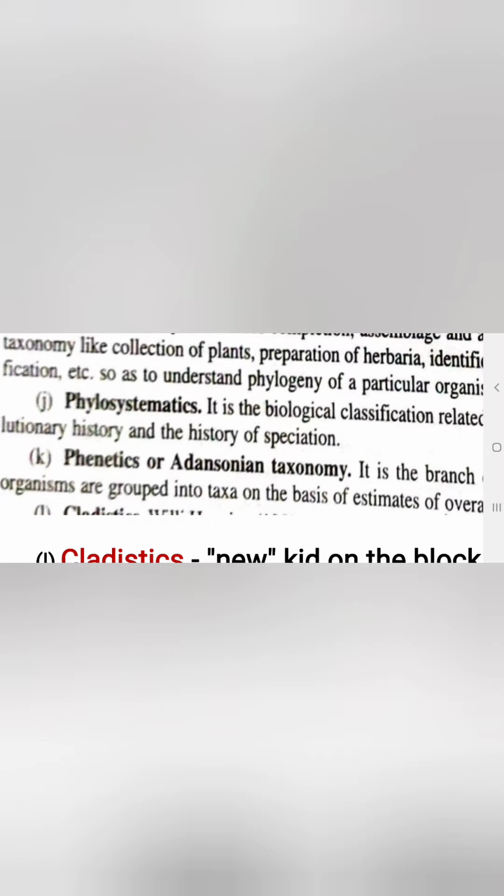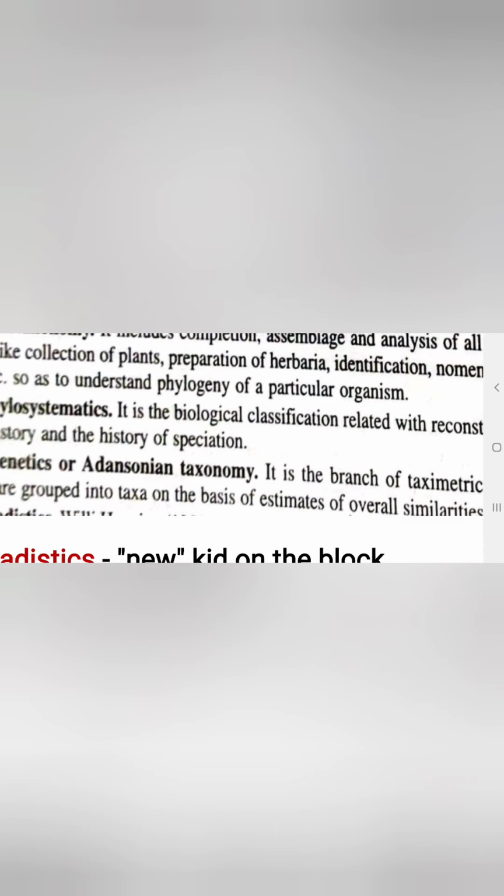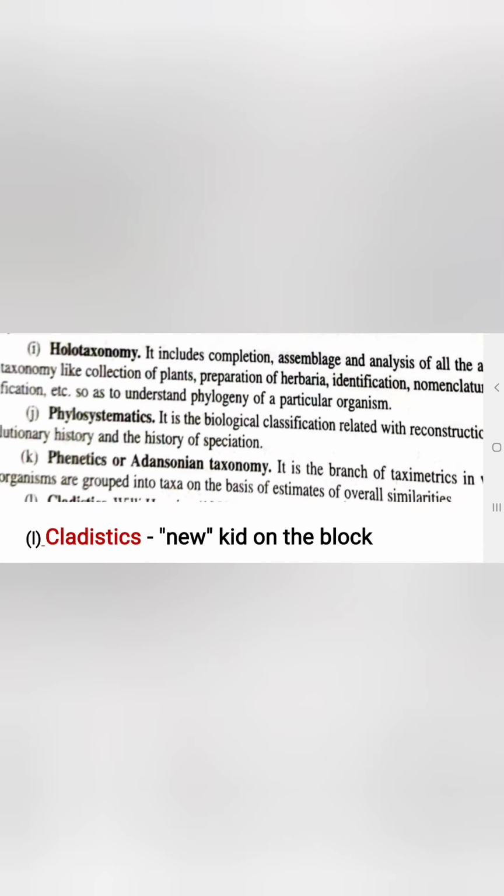Students, for example, initially we have placed an organism into a different genus or different families, but later on we came to know that it has some different characters which were not noticed or observed earlier, because as we proceed we have the latest branches like chemotaxonomy or neosystematics.